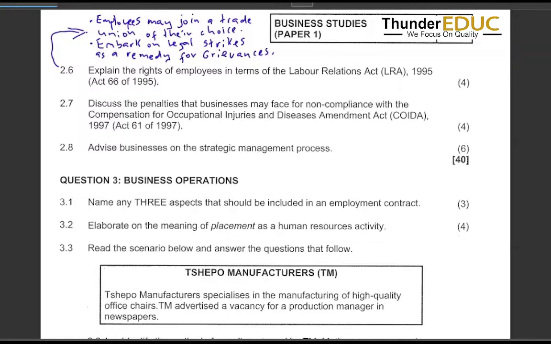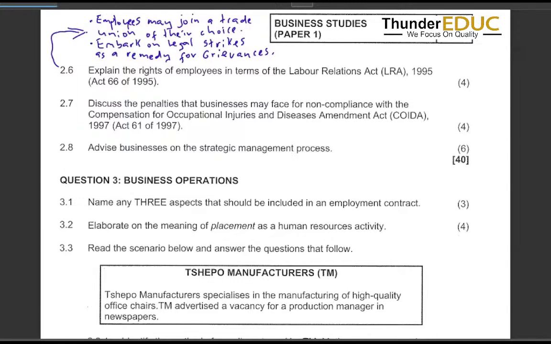So now let's move on to 2.7. 2.7 reads as follows. So now discuss the penalties that businesses may face for non-compliance with the Compensation for Occupational Injuries and Diseases Amendment Act, which is COIDA. Remember, COIDA is there to make sure that those who are working for different companies, whenever they get injured at the workplace, or any accident, they should always be compensated for.